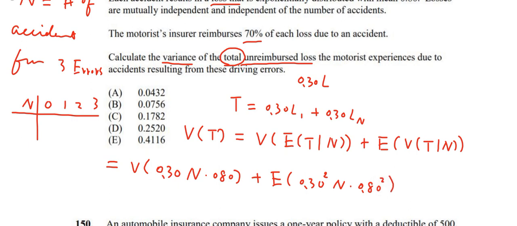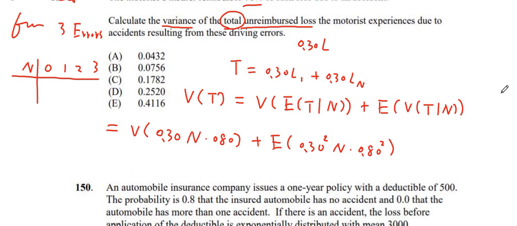Okay, so we can find this. 0.3 times 0.80, no, 0.24. So 0.24 square Vn, plus this is also 0.24 square and En. Yeah.